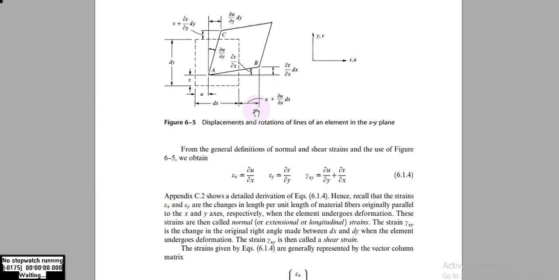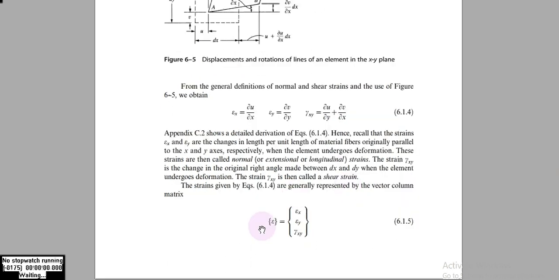So we can elaborate these strains: epsilon x in the x direction is del u by del x, epsilon y is del v by del y, and the shear strain in the xy plane is del u by del y plus del v by del x.